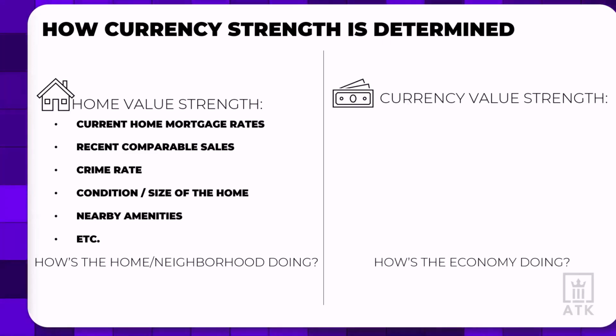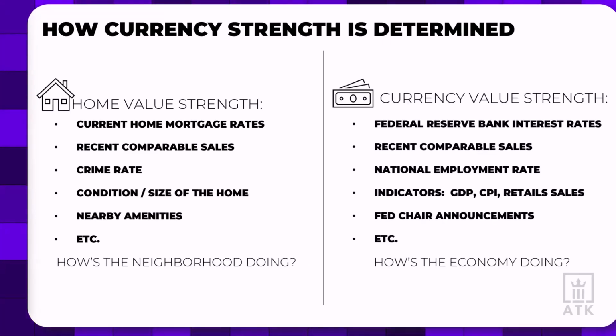For currency value and strength, we look at different indicators. We look at Federal Reserve Bank interest rates. We can look at the recent comparable sales: what has the exchange rate sold for before and recently? We can look at the national employment rate. There are indicators like gross domestic product, GDP, CPI, retail sales, and manufacturing sales.